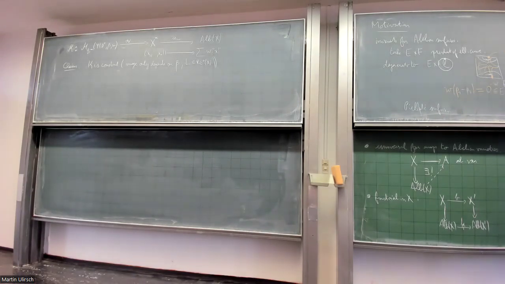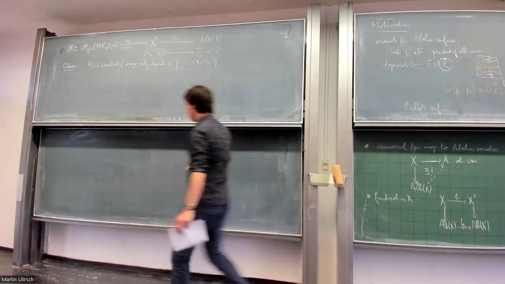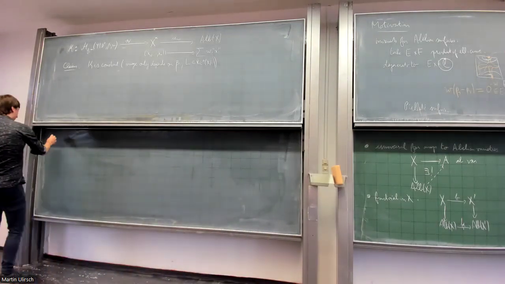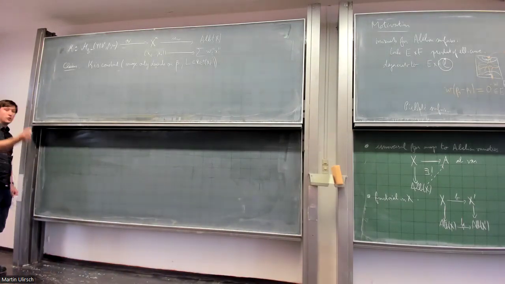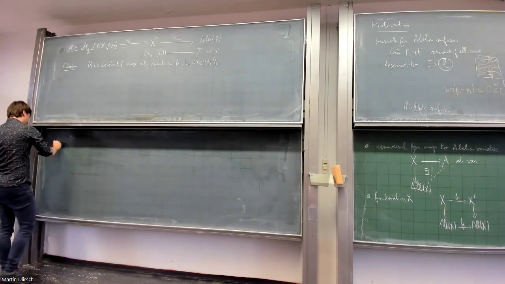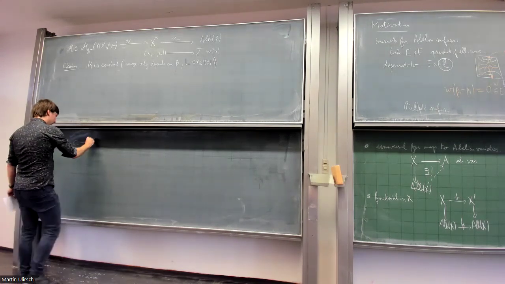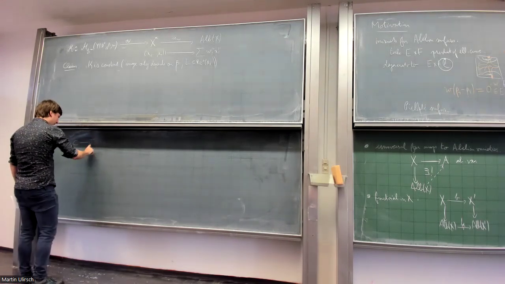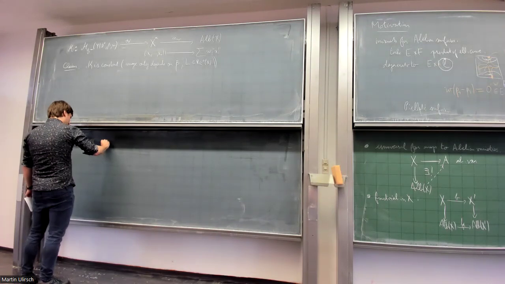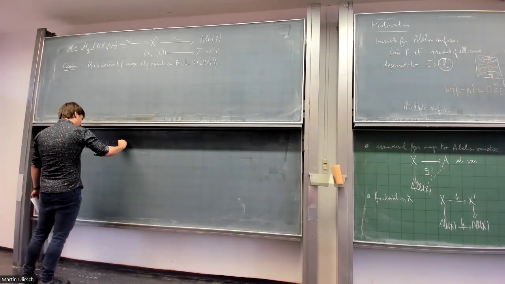It's a little bit easier to explain when the domain is smooth. So let's consider f from C to X with C smooth.